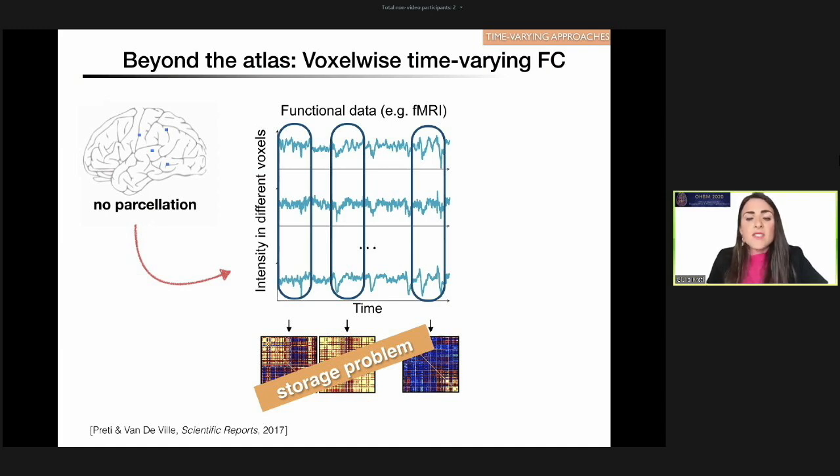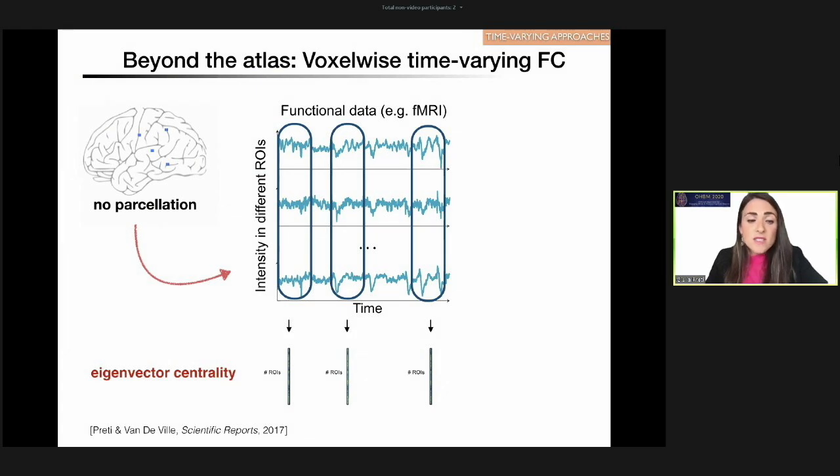And so the strategy that we chose to adopt is actually to consider the eigenvector centrality of these matrices instead of the matrix itself. So the first eigenvector of each functional connectivity matrix. And we also adopted a mathematical strategy in order to compute these eigenvector centralities directly from the functional data, so from each window, keeping the FC matrix implicit so that we don't face this dimensionality problem.